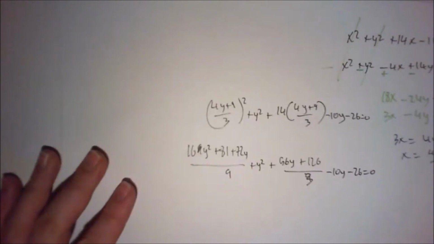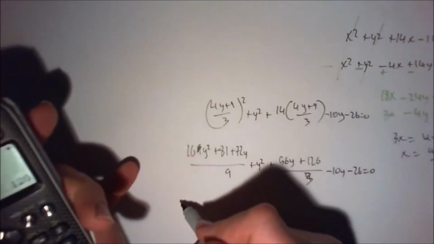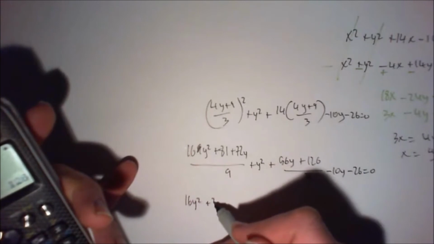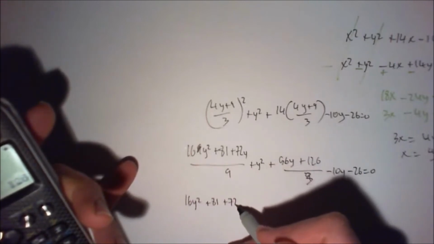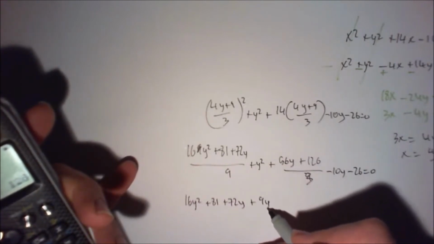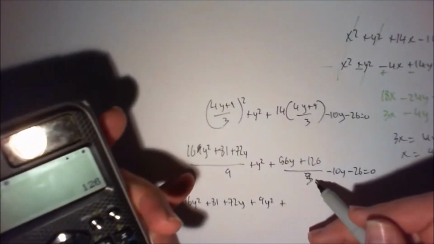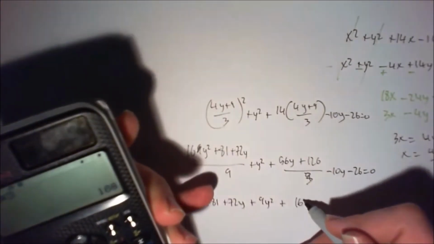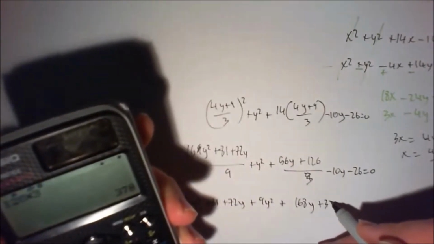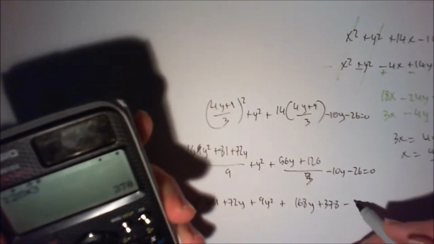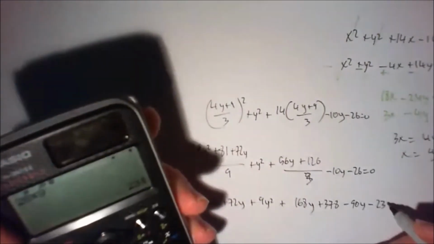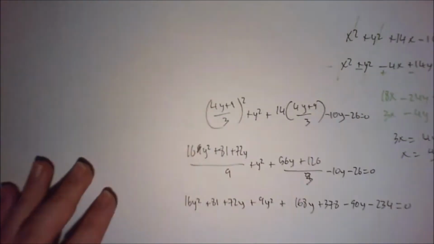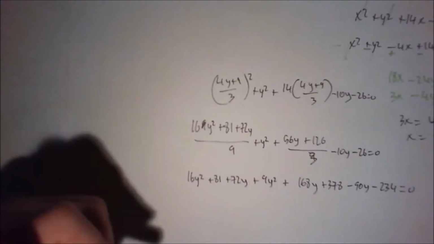Now that just looks like hell. But anyway, multiply everything by 9. 16y squared plus 72y plus 81 plus 9y squared plus 168y plus 378 minus 90y minus 234 equals 0. Okay, let's tidy this up.